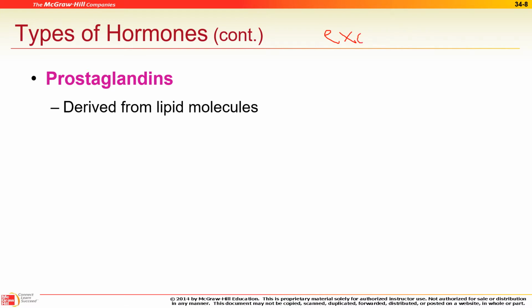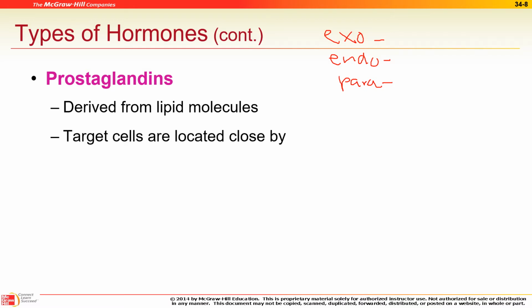Not exocrine, not endocrine, but paracrine. So prostaglandins are called tissue hormones, and that's because they just work close by. They're not excreted through a duct, they're not entered into the bloodstream, they're just local.